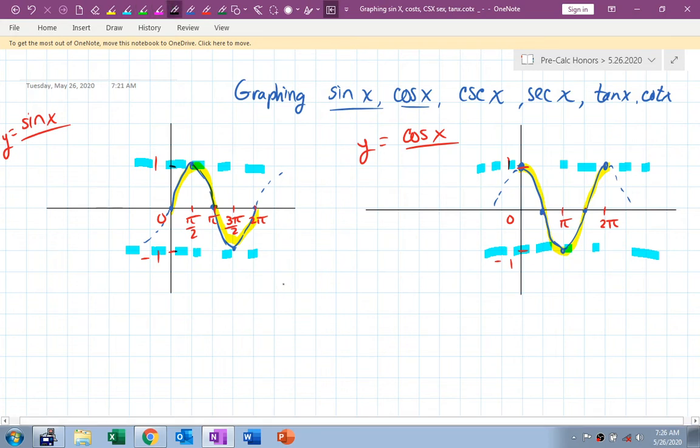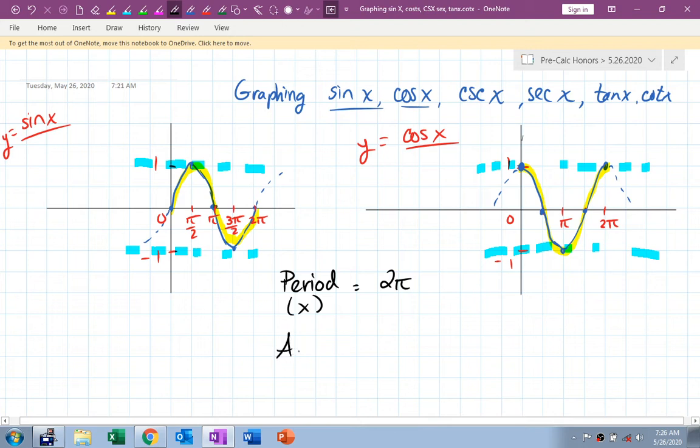So the period, two things you're going to have to find. It's related to the x coordinate, and that is going to be 2 pi, because it takes 2 pi for both of these graphs to repeat. It starts at 0, ends at 2 pi, and then it's going to keep going.